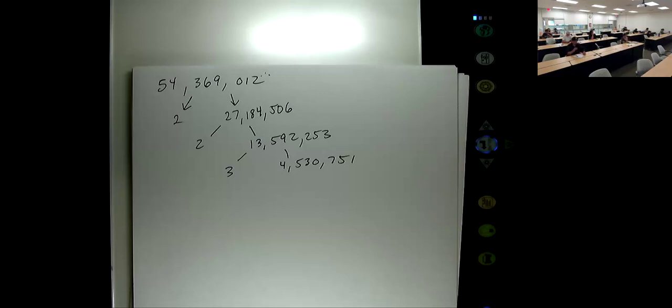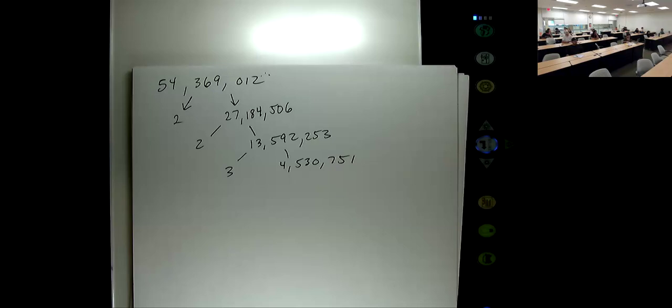Did I pick a number that only has a few factors? Oh, I have no idea what the next factor is. I went up to 29 and none of them are working.